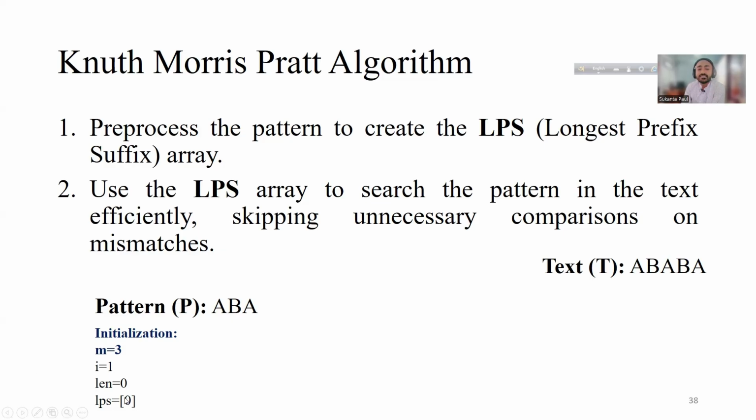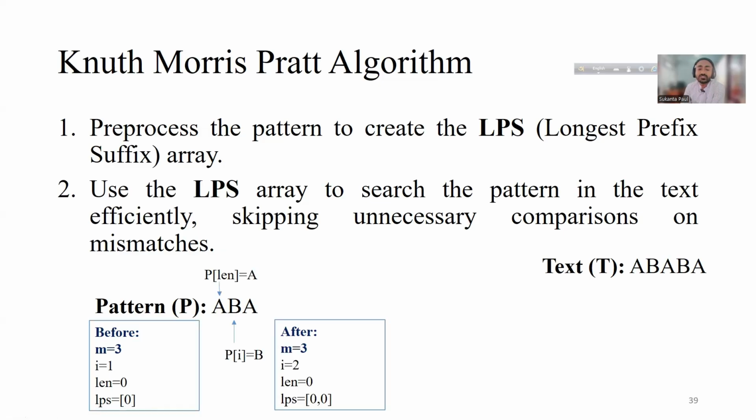Okay, now proceed to the scanning portion. How many times will it scan? It will scan through the m-1 position: i equal to 1 to m-1. Initially, when i equal to 1, len is equal to 0, LPS is equal to 0.